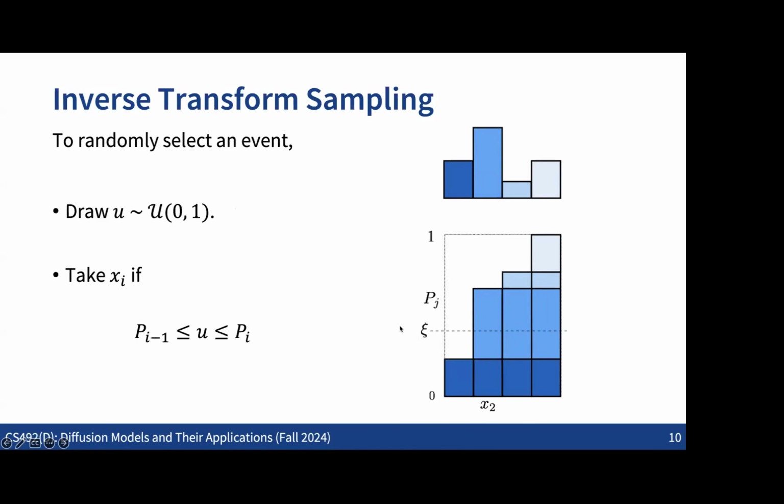Based on the value that we get from the uniform distribution, we see which region of the cumulated probabilities this value falls into. Based on this idea, we can easily sample one of the possible values, right? This is the technique called inverse transform sampling, which is quite intuitive.